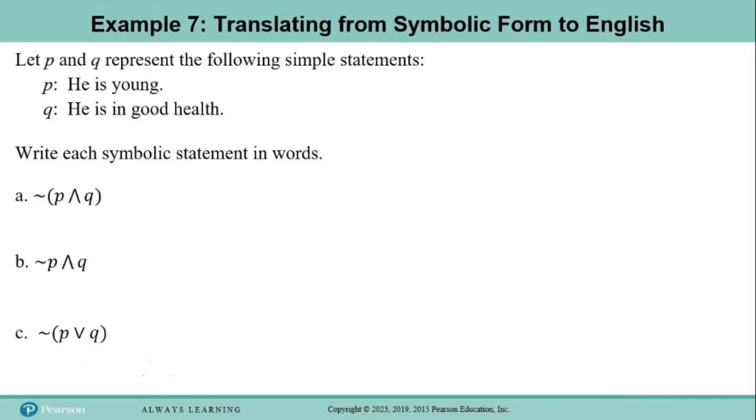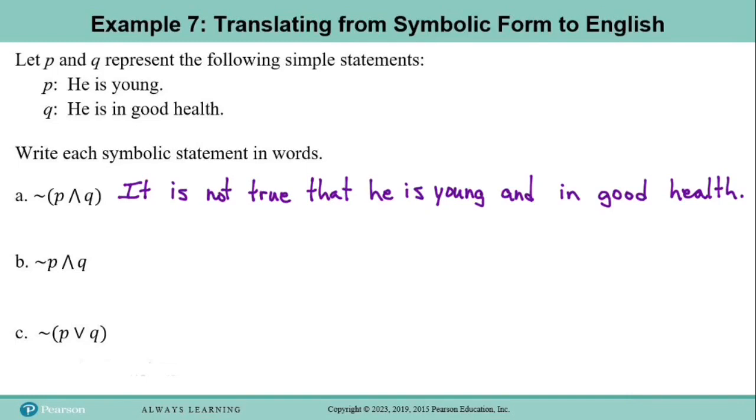So what I would want to do in that case is probably just form the negation by saying it is not true that he is young and in good health. And I think by putting it this way, where we don't repeat the subject of the sentence, it helps underline that the "it is not true" applies to everything that comes after the word "that." It is not true that he is young and in good health.